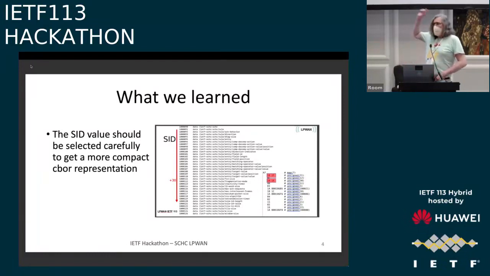And in each rule, we have the rule ID, and the rule ID is 30 values after the reference value. It means that in CBOR, we need 2 bytes instead of 1 byte. This is not that bad, but we can try to improve the compression by changing the SID order, and we will have to discuss that in the working group.